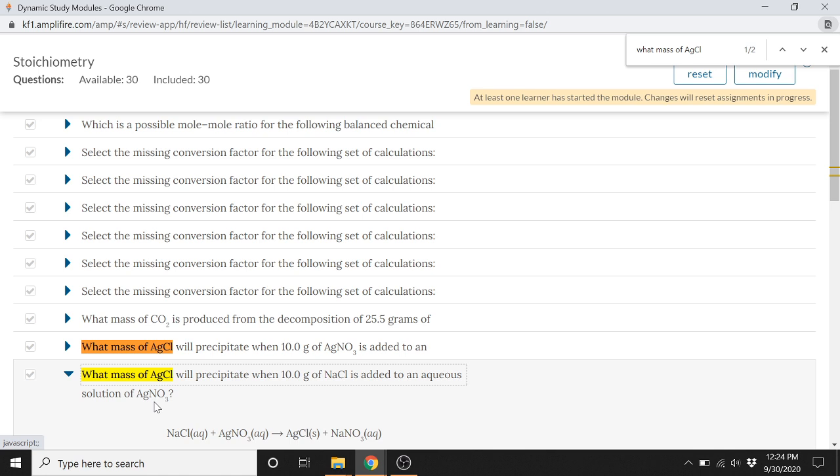Does it give you the formula? Yeah, the reaction right here. Okay, so you have your NaCl adding to AgNO3, right?